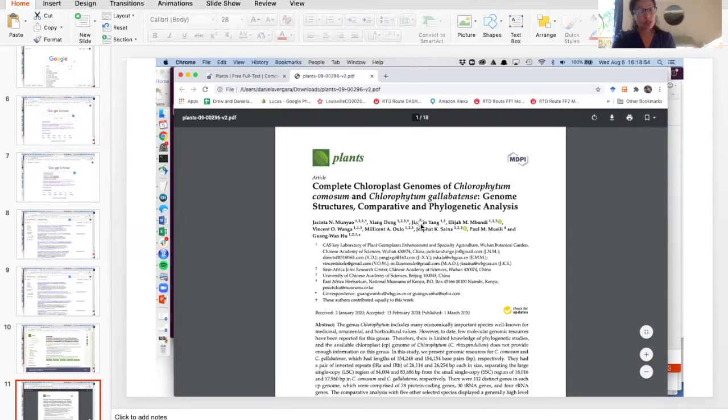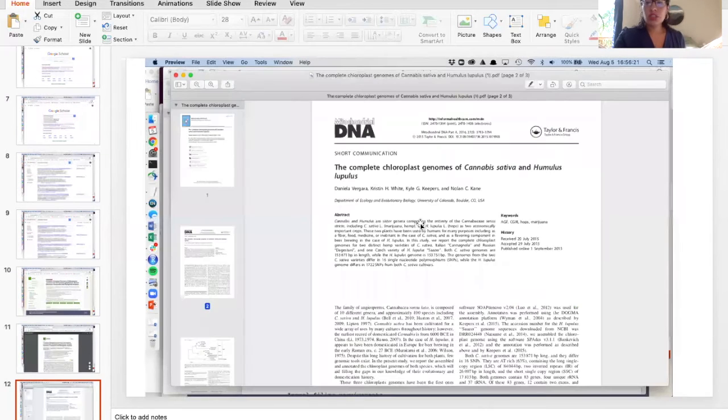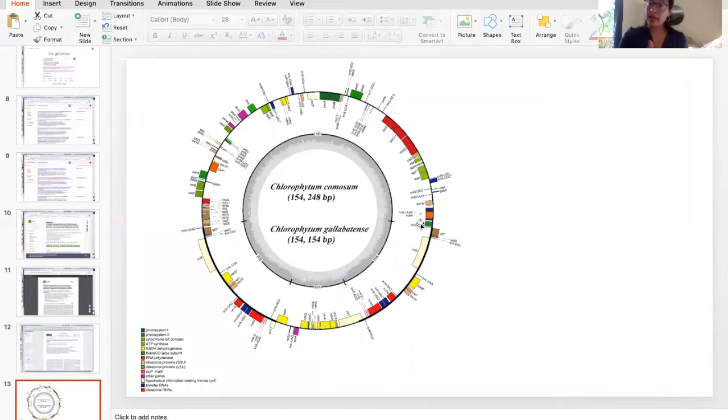And I'm very interested in the chloroplast genome because I assembled the chloroplast genome of cannabis, which was published in 2014. And it was my first paper on cannabis. So I go back to their paper on spider plants, and I see that they have the assembled genome of their chloroplast, which is 154,248 base pairs.